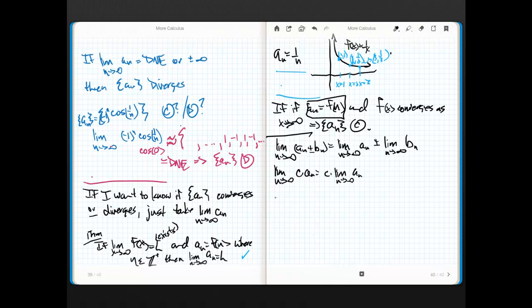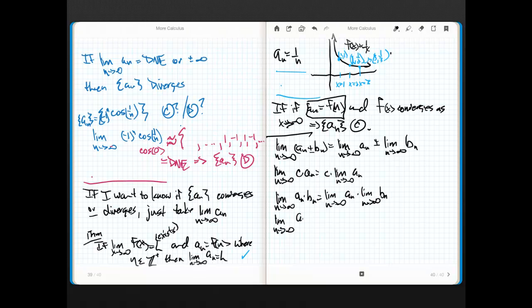So cool, right? Limit, you know, product, right? And we got quotients in there too. Hopefully you remember that, the limit as n goes to infinity of a sub n times b sub n is equal to the limit as n goes to infinity of a sub n times the limit as n goes to infinity of b sub n. What a powerful, good tool, huh? I'm not going to bore you with too much else, but we'll get there.